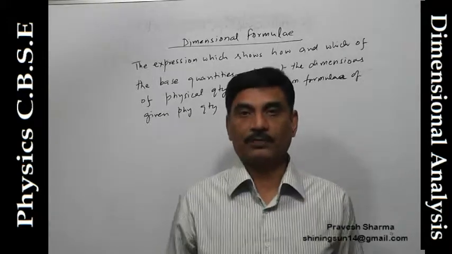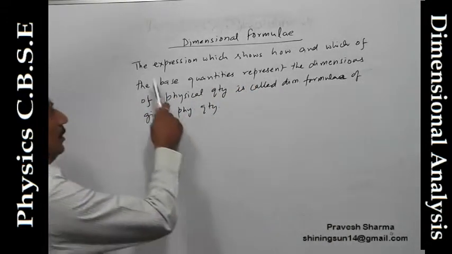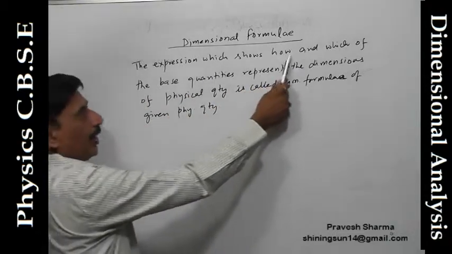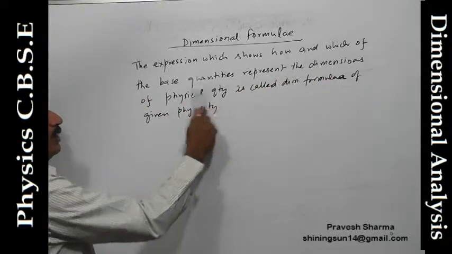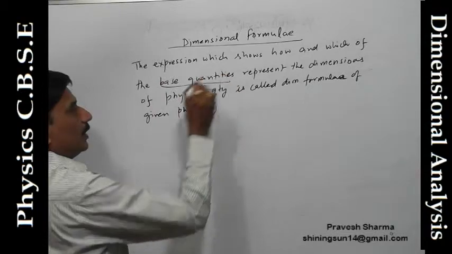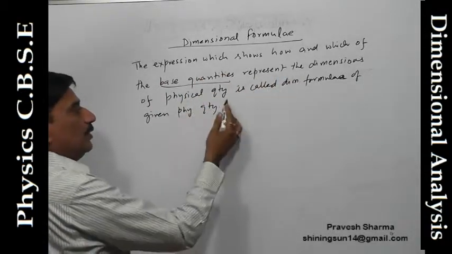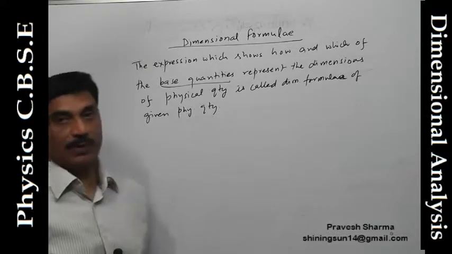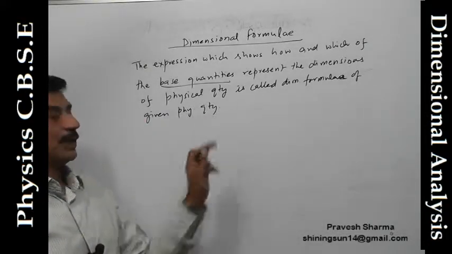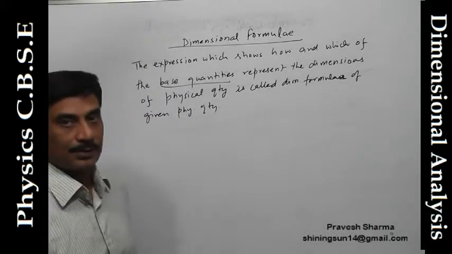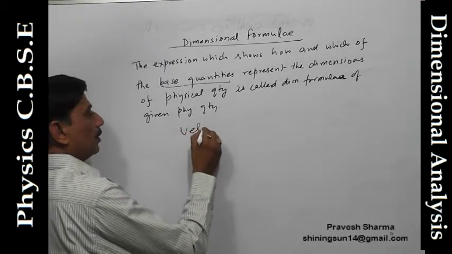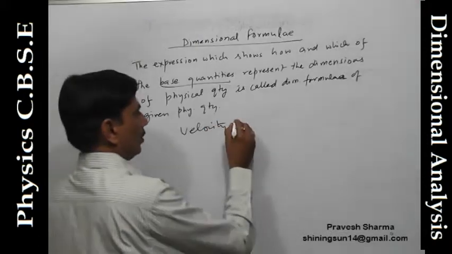Now what is the dimensional formula? The expression which shows how and which of the base quantities represent the dimensions of a physical quantity is called the dimensional formula of the given physical quantity. Now let's write the dimensional formula for velocity or speed. Velocity or speed is what?